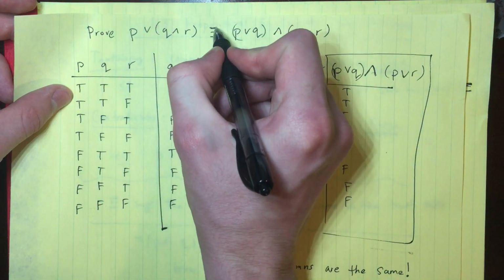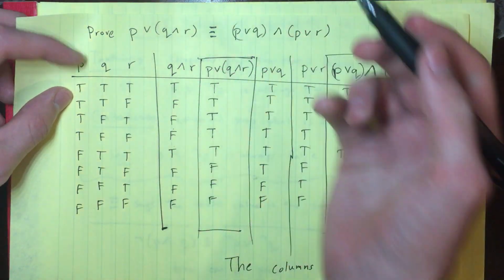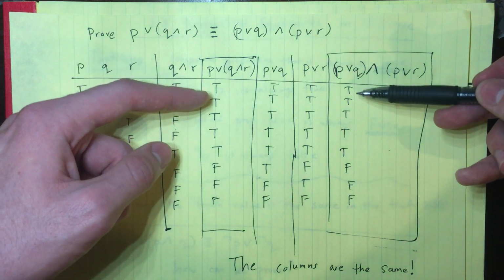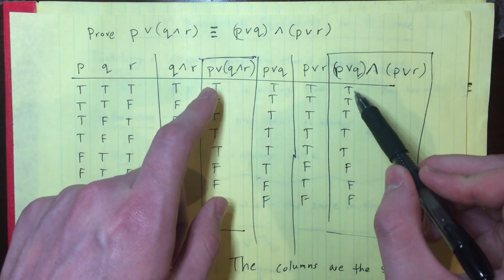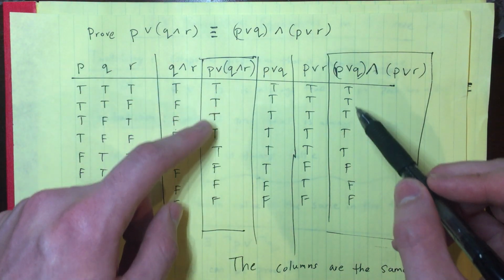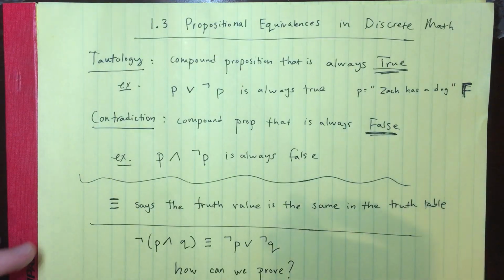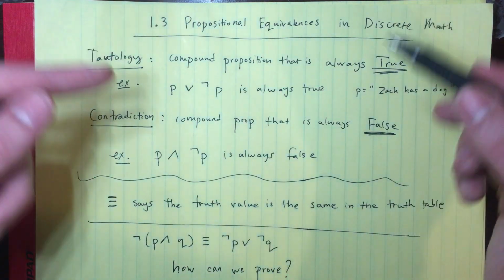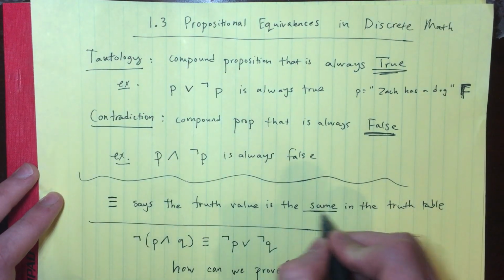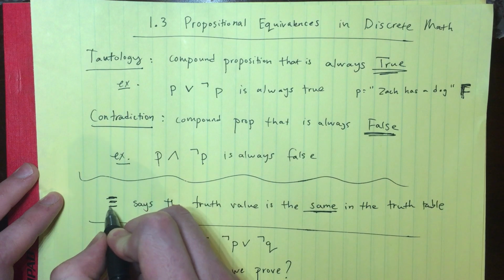Remember, we just learned what this means. This means they're equivalent, and you prove these are equivalent by looking at the truth values. These are all the same in these two columns. So the truth values in the columns are the same in the truth table. That's how you can prove that they're logically equivalent.